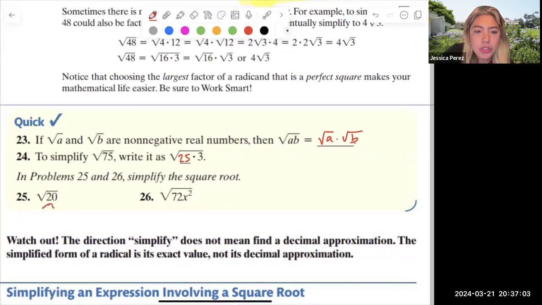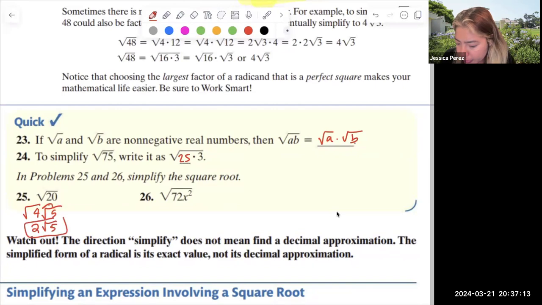It's going to be what two numbers? 4 and 5, so 2 root 5. Because the only perfect square that's closest, 10 doesn't have one. So the only factors of 20 are 1, 2, 4, 5, 10, and 20. Right? So we get 2 root 5.